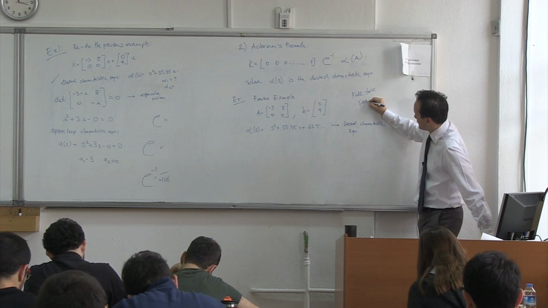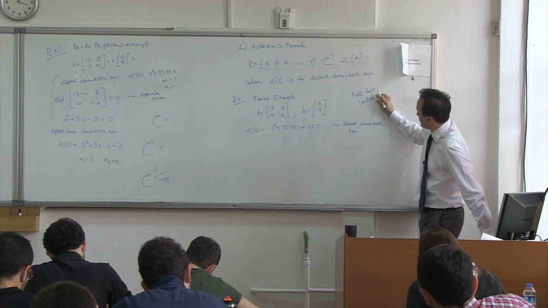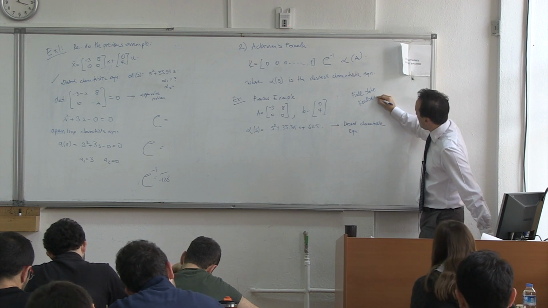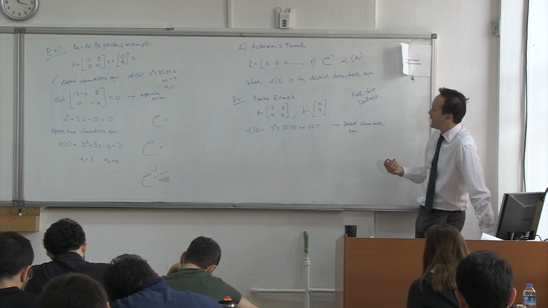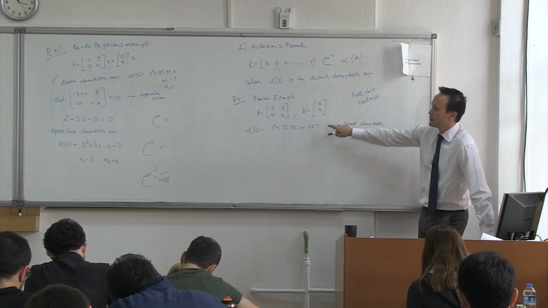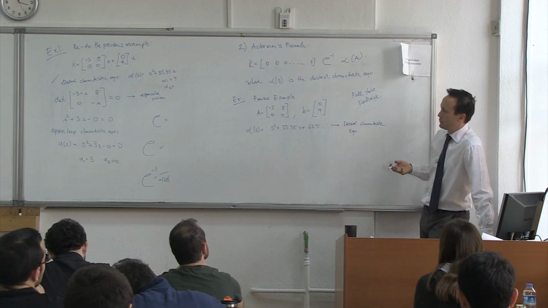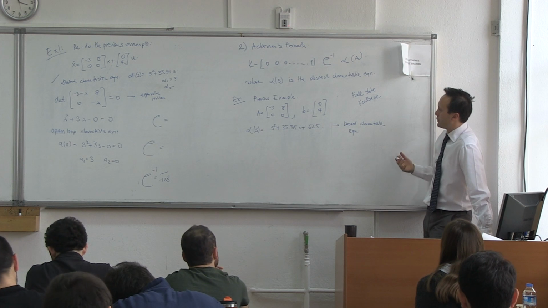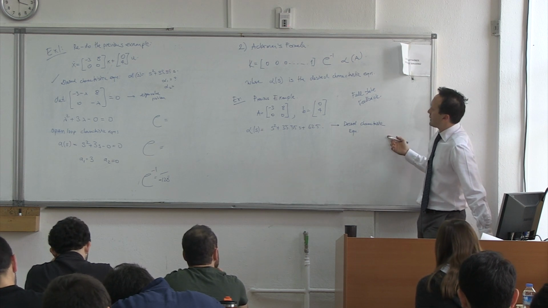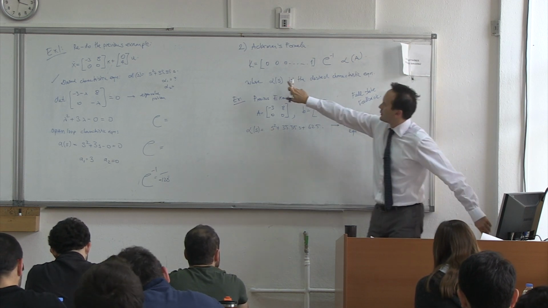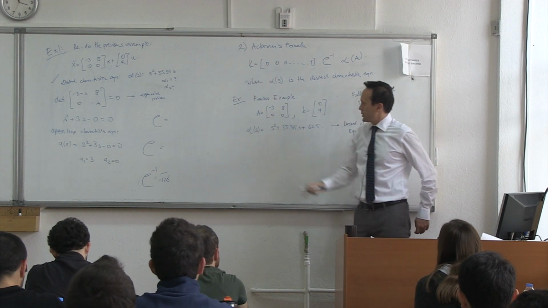Our job is to design a feedback gain K such that this desired characteristic equation is met. All right, just to remind you. The feedback gain K can be found using Ackermann's formula, which is this one.